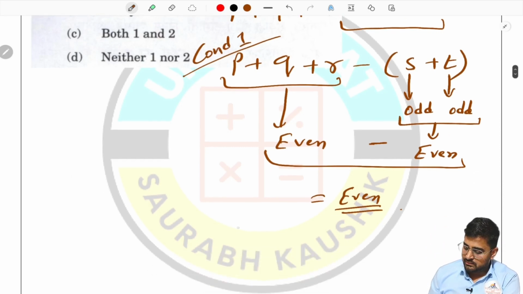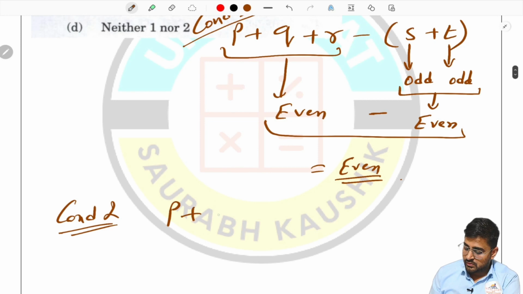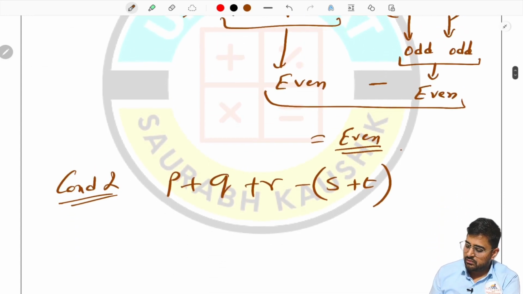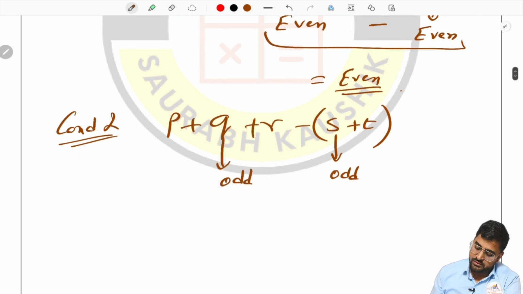Now try the second condition. Because there are 5 terms, you have to check each combination. Now let's say I took this number odd and this number odd, any number you want.